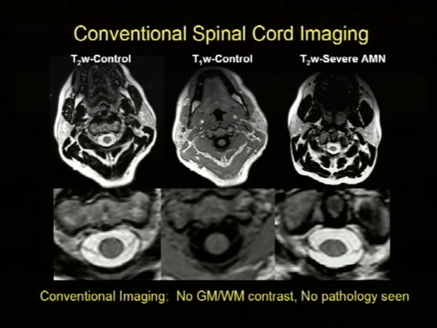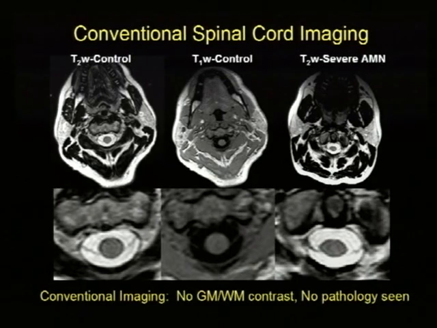Now, it is very difficult. One can very clearly show abnormality in myelin in the brain of patients with multiple sclerosis. It shows up all over as the little white spots that we show all the time.